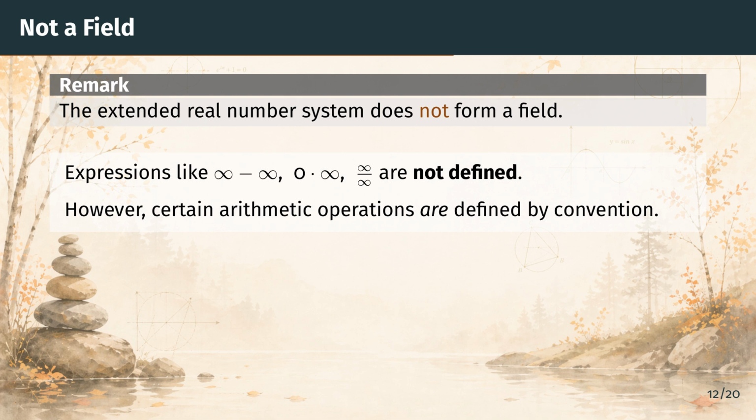Expressions like infinity minus infinity, 0 times infinity, or infinity divided by infinity are left undefined. They are indeterminate forms that you may have encountered in calculus. Despite this, there are several useful conventions for operations that do make sense. Let's go through them one by one.